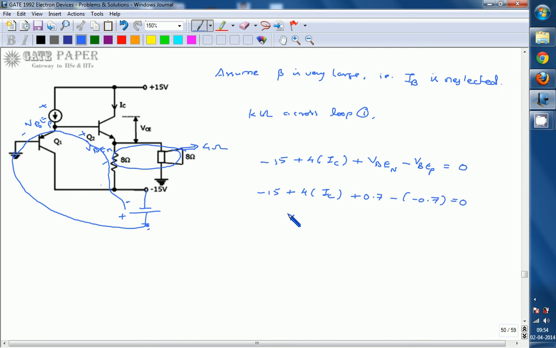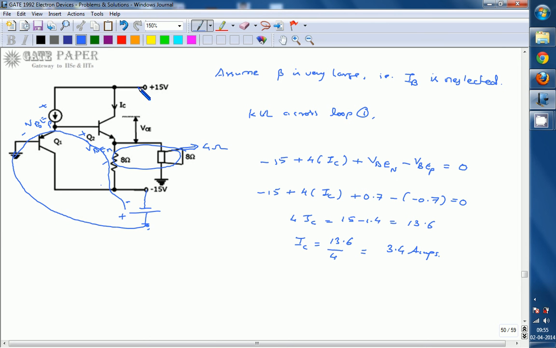So 4 IC is equal to 15 minus 1.4, which is 13.6. So IC is equal to 13.6 divided by 4 ohms, which is 3.4 amperes. So IC value is 3.4 amperes, and to calculate the VCE value, apply KVL across loop 2.